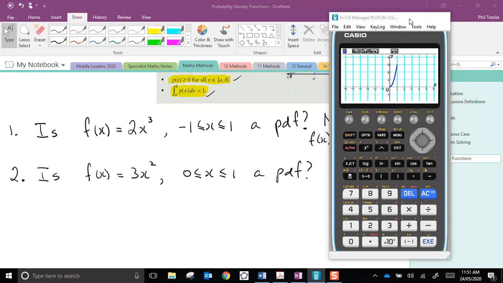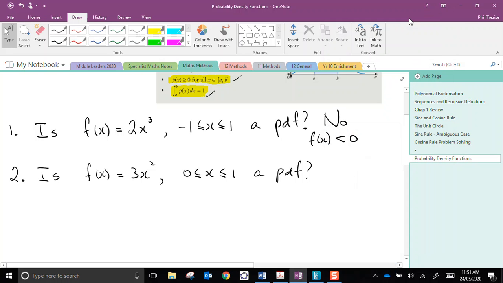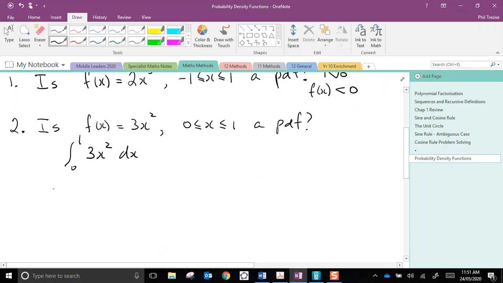So far, so good. Now what we need to do is check that the area under that is true. So let's find the area, the integral from 0 to 1 of 3x squared dx. So 3, increase the power to 3, divide by the new power, and our limits are 0 and 1.